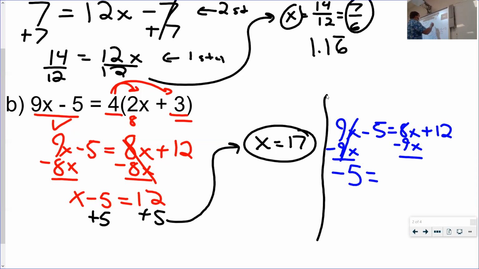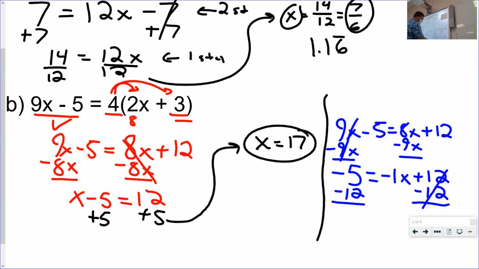So 8 minus 9 is negative 1x, okay? That's negative 1x plus 12. Minus 12, minus 12. Cross this out.